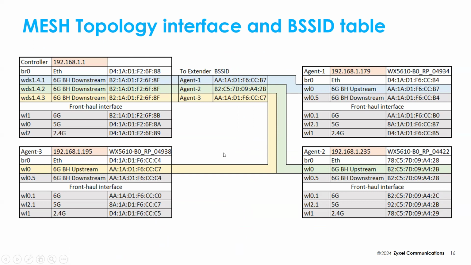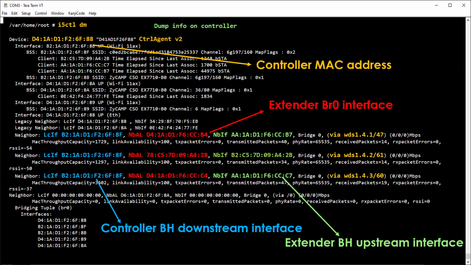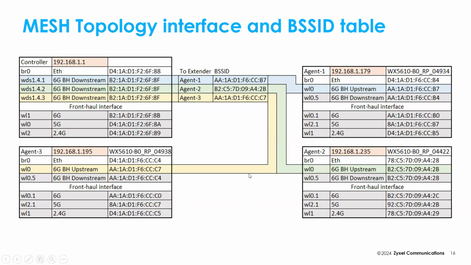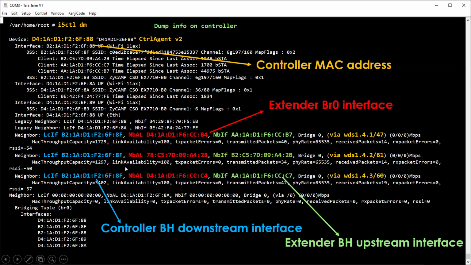So once we get the information, this is the topology drawn by Schumann based on the information we get here. The information here represents the extender's backhaul upstream interface, connected to the controller's backhaul downstream interface, this one.